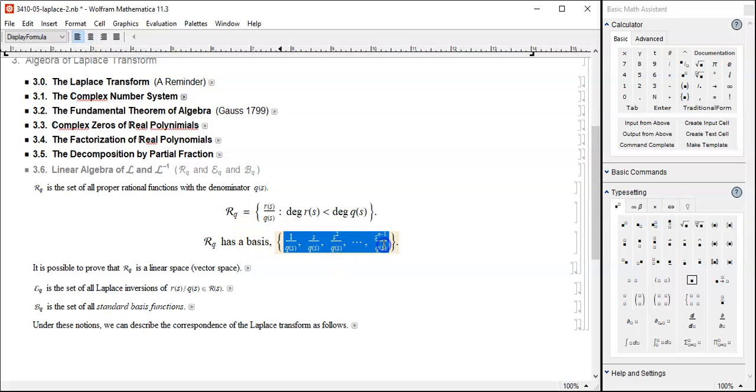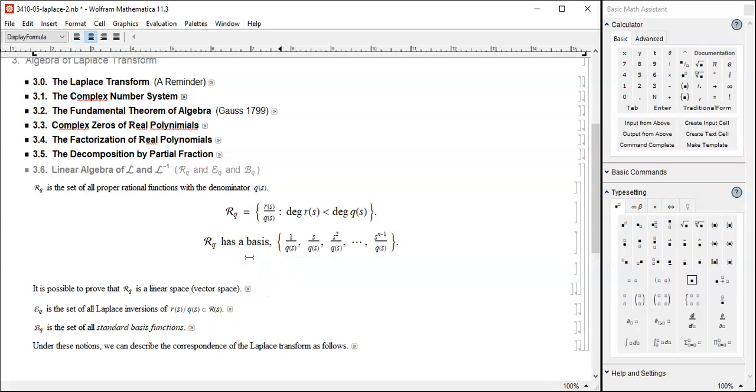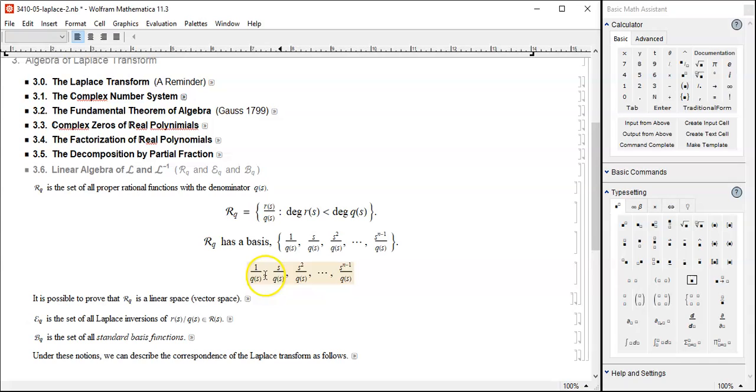After all, the denominator is all the same, so this isn't too bad.